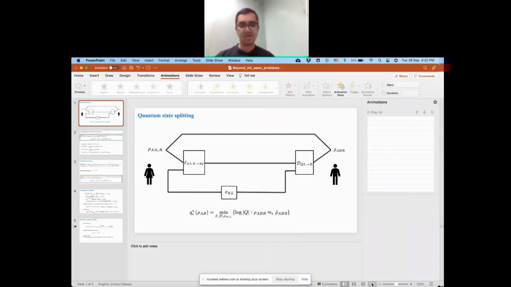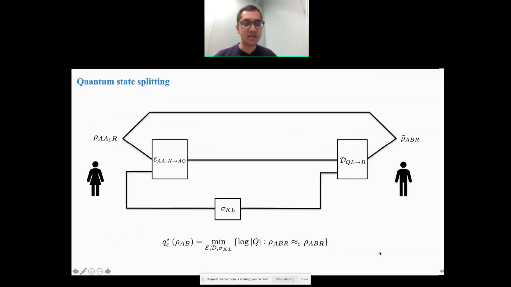Perfect. Cool. Maybe I will just say something quickly about the background for those who didn't attend the talk yesterday. I'm working on quantum state splitting, and here the task is that Alice holds this quantum state with two registers A and A1, and the purification of this is on R, and she would like to send this A1 register to Bob.